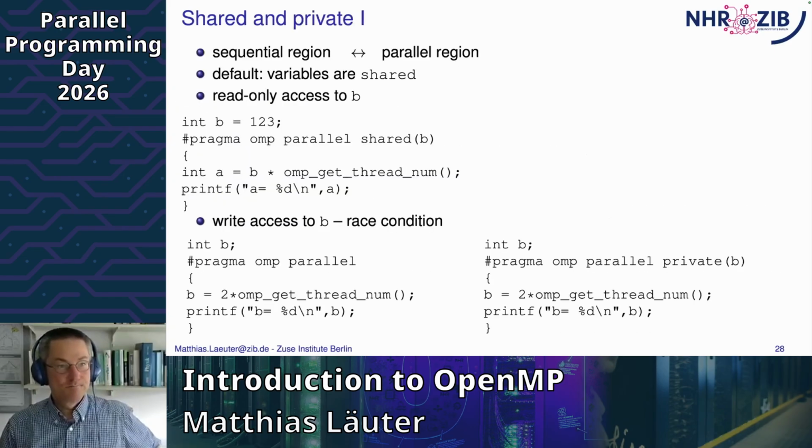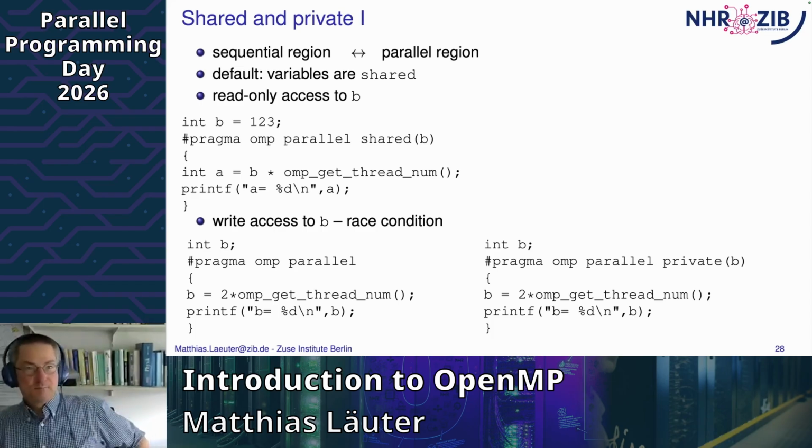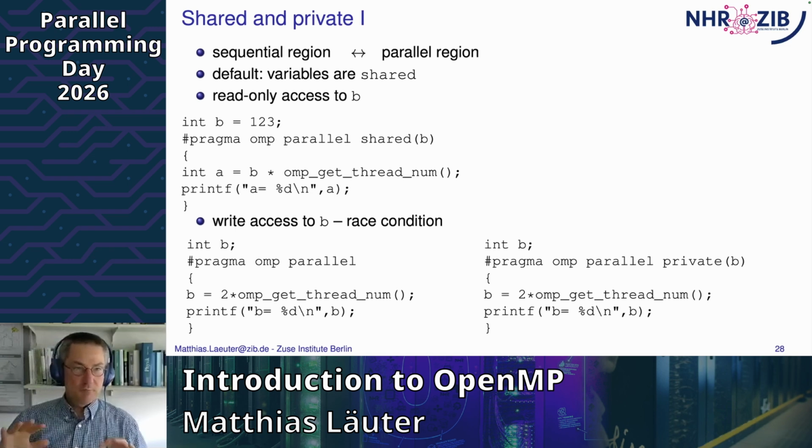Okay, hello. Now things become a little bit more involved. We have seen that we can switch between the parallel and the sequential regions, and now we want to deal with private and shared data. The default for variables is that they are shared.